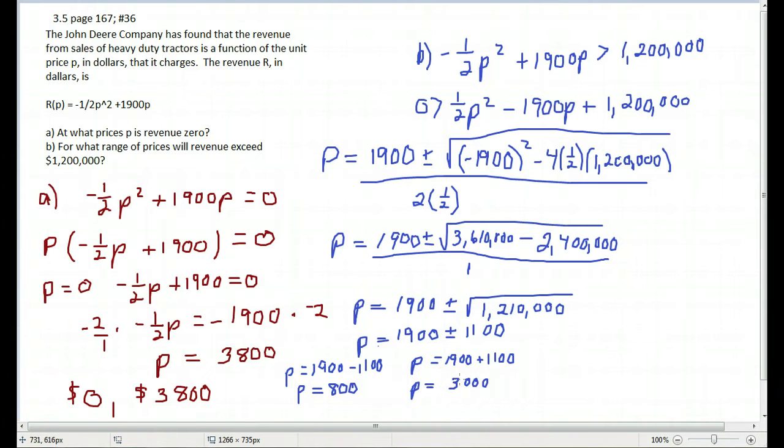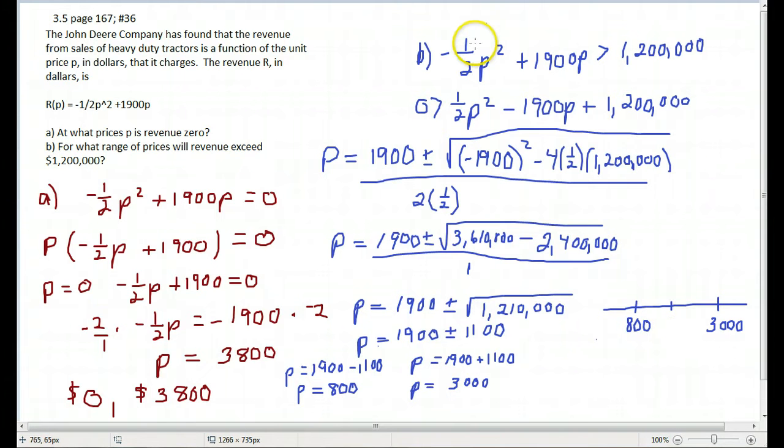Now, those are my critical numbers. I have to test, is my answer going to be between them, or is it going to be on the outside of them? So I just draw myself a generic number line. I put 800 on it. I put 3000 on it. I'm going to test a point between them. Let's just say 1,000.